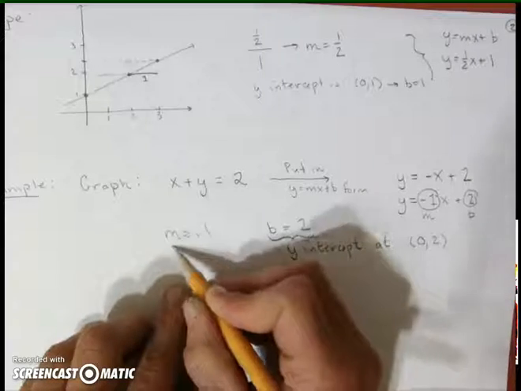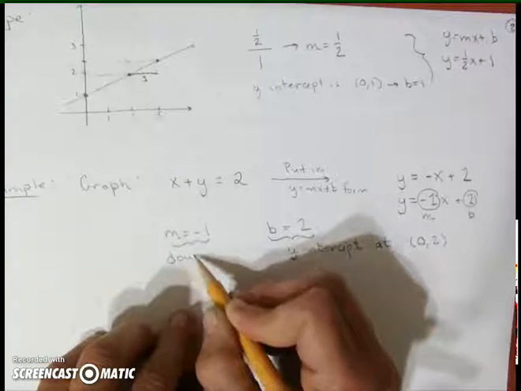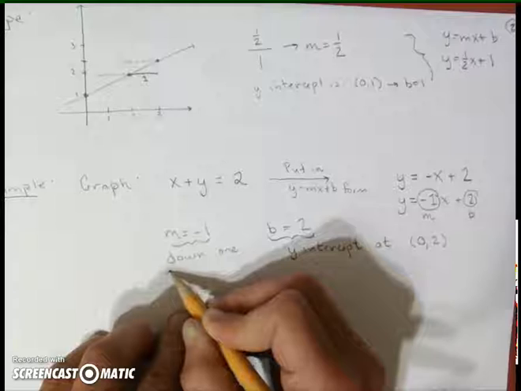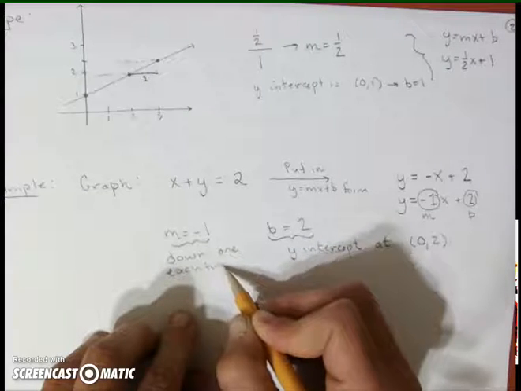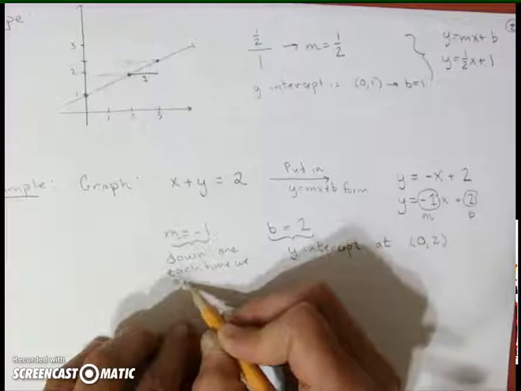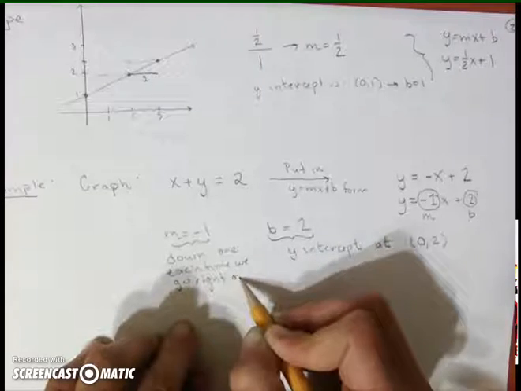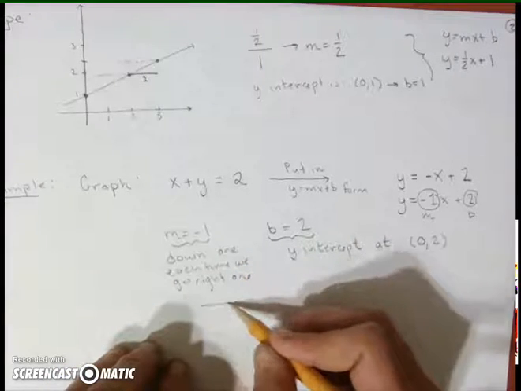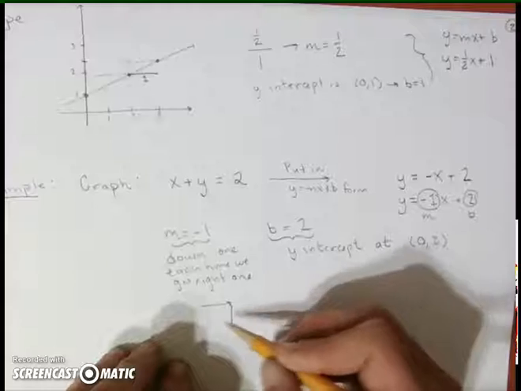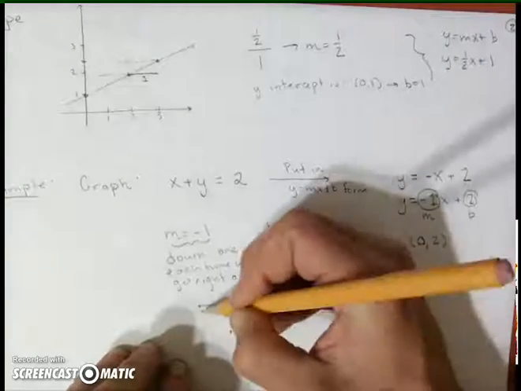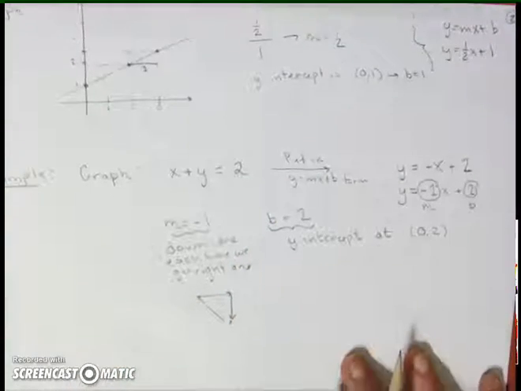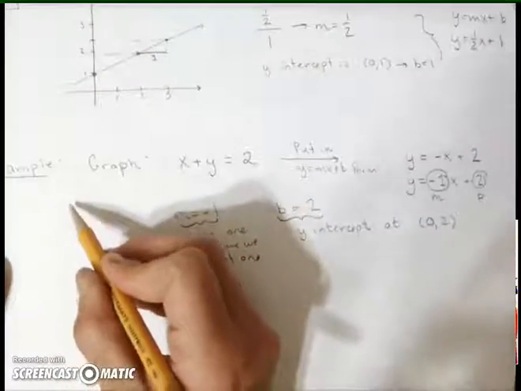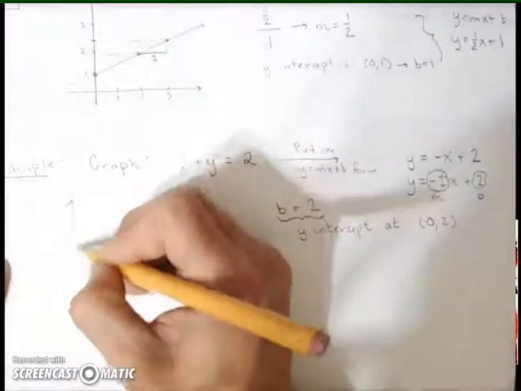And this tells us that we go down 1 each time we go right 1. So for each forward step of 1, we have to step down to get to another point on the graph. So now let's graph this using those 2 pieces of information.